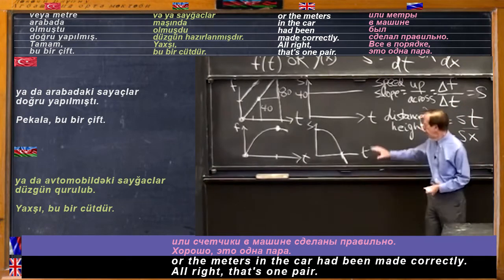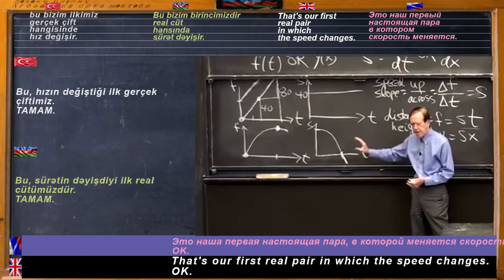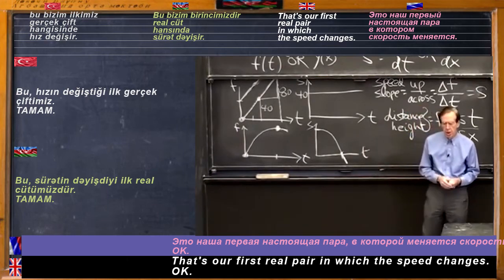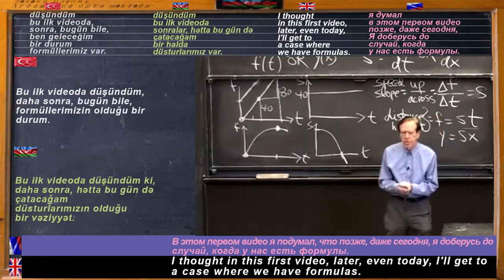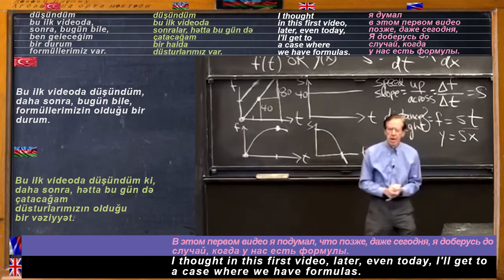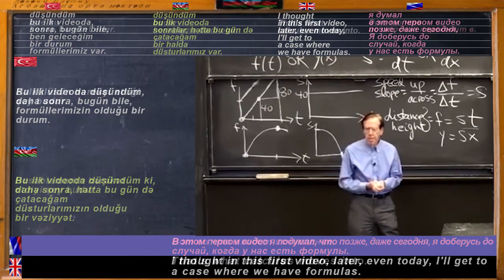All right, that's one pair. That's our first real pair in which the speed changes. Okay. I thought in this first video, later, even today, I'll get to a case where we have formulas.